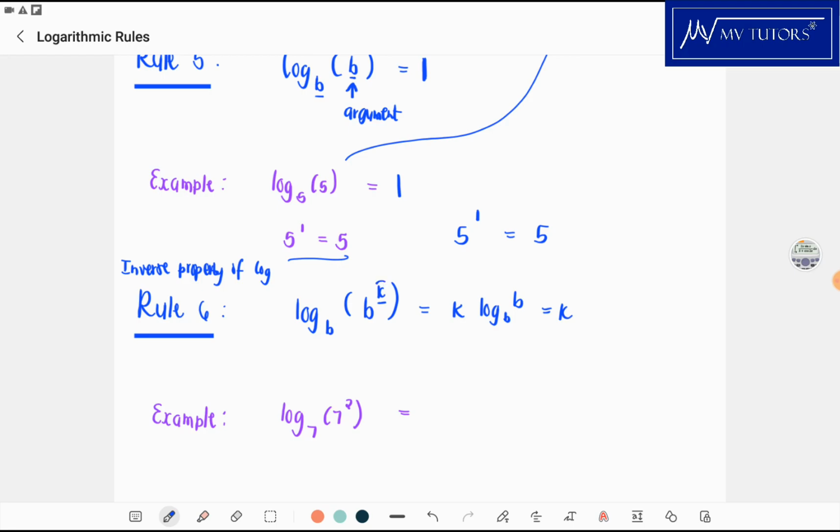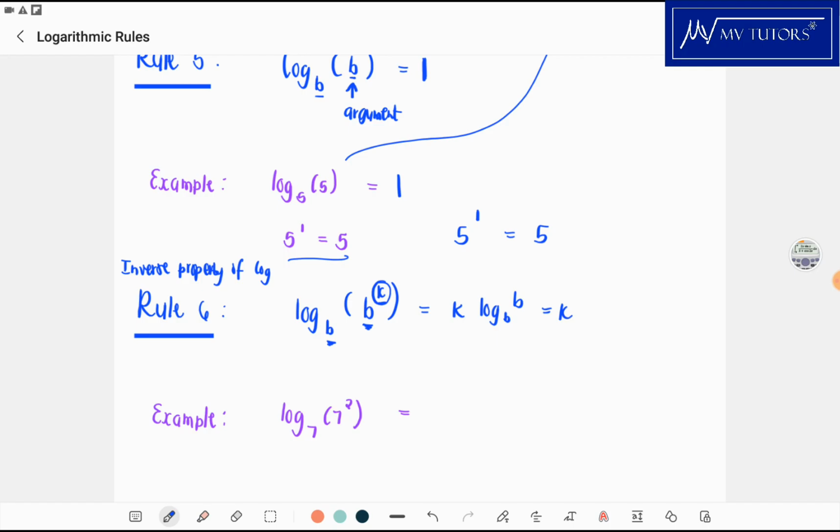So this is an exponential number. The logarithm of an exponential number where its base is equal to the base of the logarithm will be equal to the exponent. Let me say that again.